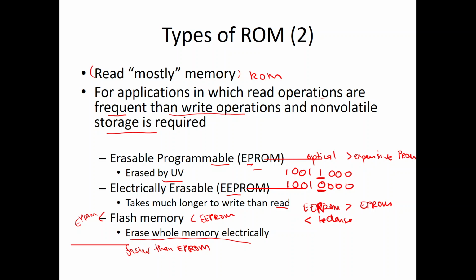However, flash memory does not provide byte-level erasure, so it cannot erase by byte. Like EPROM, flash memory uses only one transistor per bit, and so achieves high density compared with EEPROM.